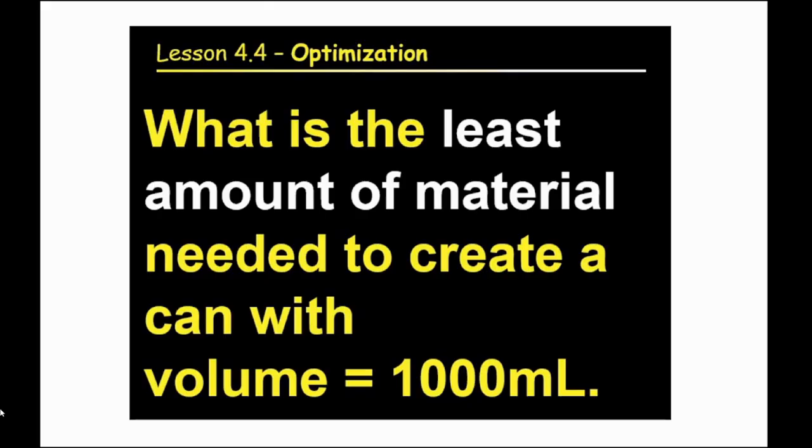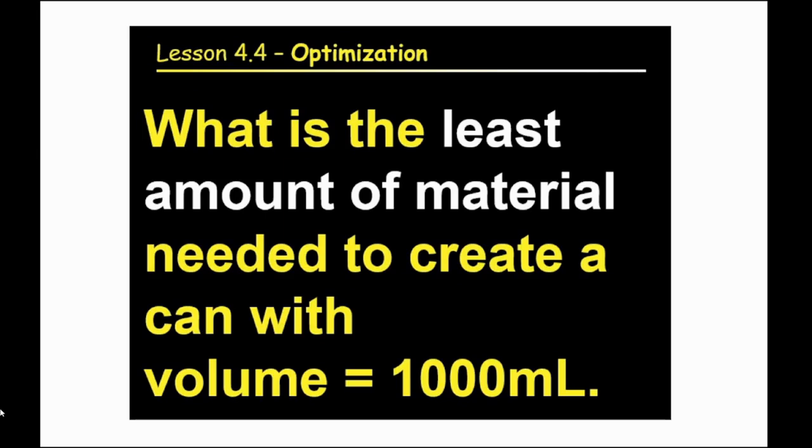We're going to need to be able to go through this process when we do a problem that's a little bit harder, like something like the least amount of material needed to create a can, a cylinder that has a volume of 1,000 milliliters. Okay, so we're trying to use the least amount of material, that is the least amount of surface area.